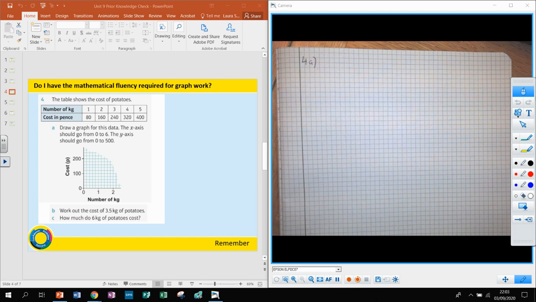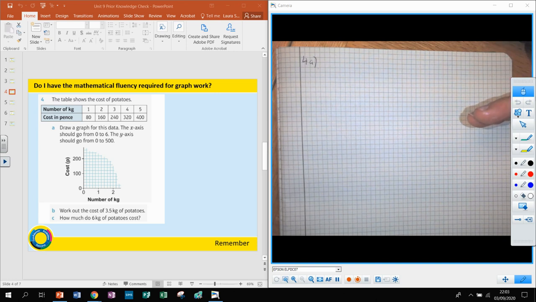They've given us the x-axis, saying it should go from 0 to 6, and they told us that the y-axis should go from 0 to 500. They've also given us a hint by telling us that we should separate out the y-axis in 100 increments and the x-axis in increments of 1.